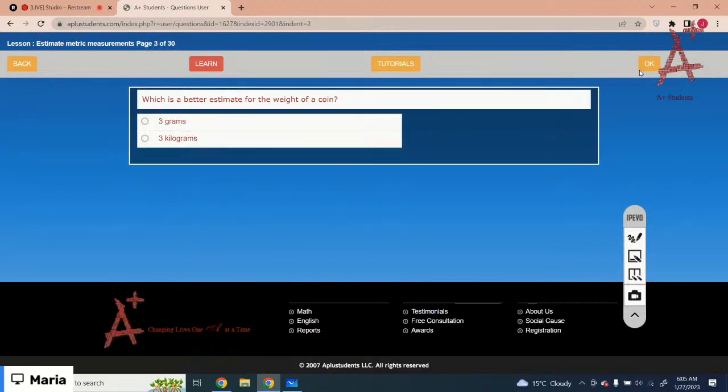Okay, which is a better estimate for the weight of a coin? 3 grams or 3 kilograms? It is 3 grams. Got it? Because 3 kilograms is too heavy for a coin.